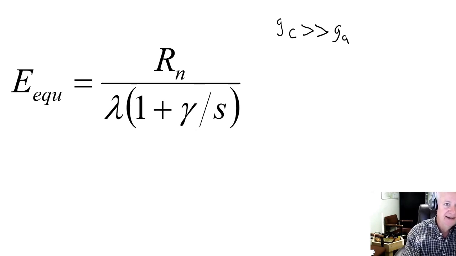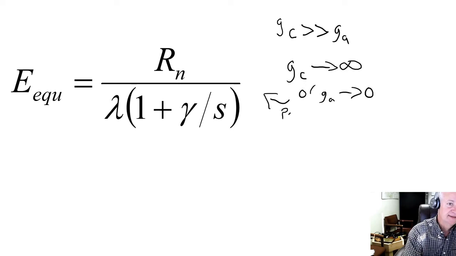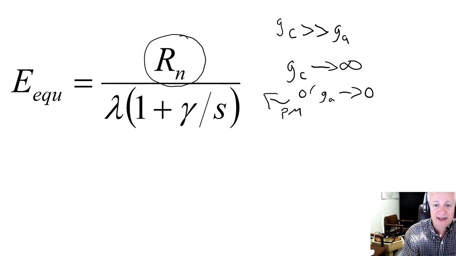So if we take GC to infinity or make GA 0, that's what the Penman-Monteith equation looks like when you look at those types of situations. And what you can see is in those types of situations, the only factor that ends up being important in controlling transpiration is net radiation. So those demonstrate two extremes of the situation.